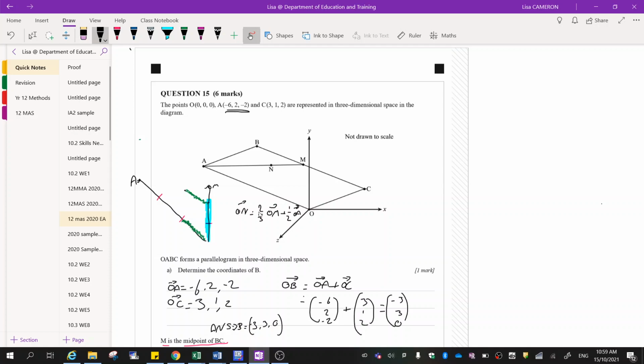That is a bit hard to tell there, but I'll rewrite it down neatly. Basically what we're doing is 2/3 of this one plus 1/3 of that one. And we know that because it's split in a 2-to-1 ratio, so that's why it's going to be over 3. 2-to-1 adds up to 3. You split them into thirds.